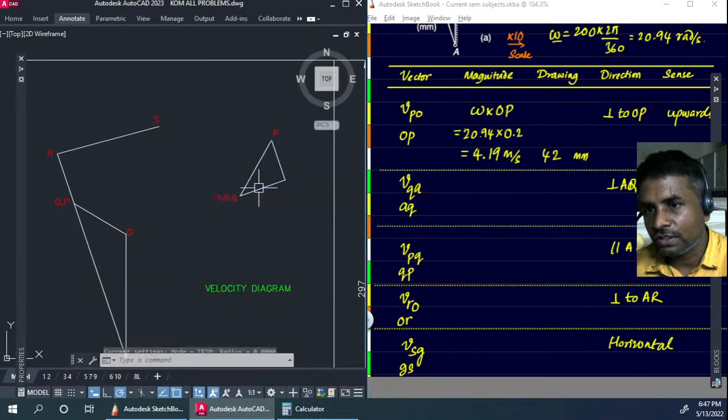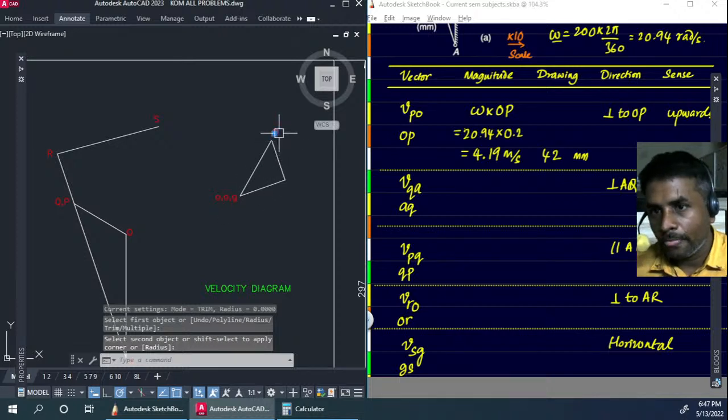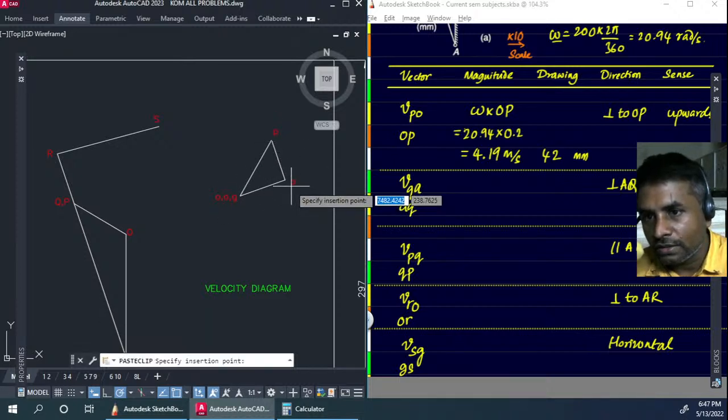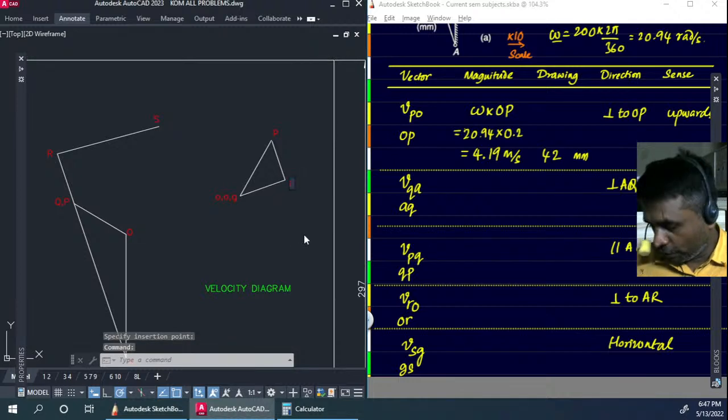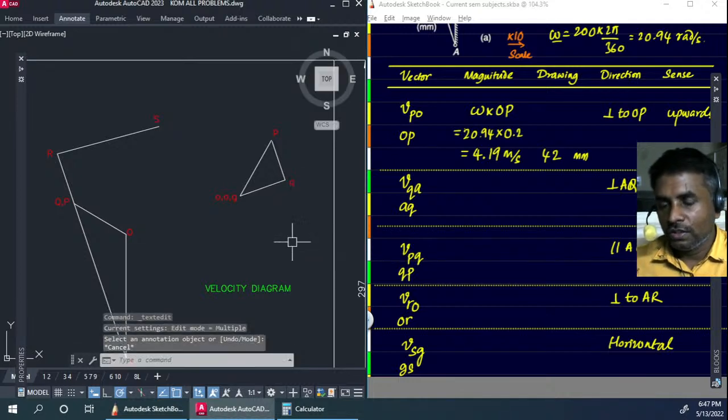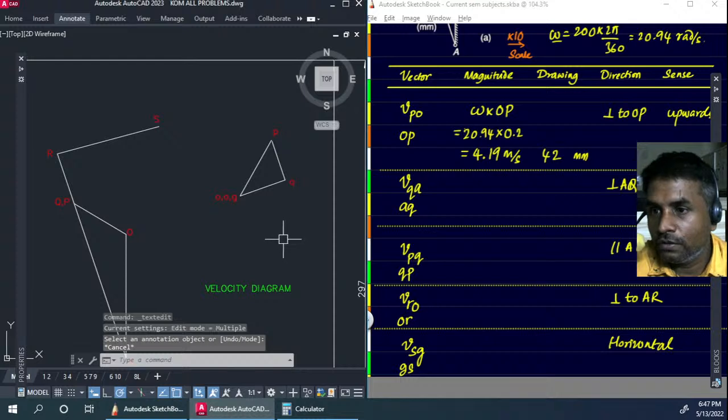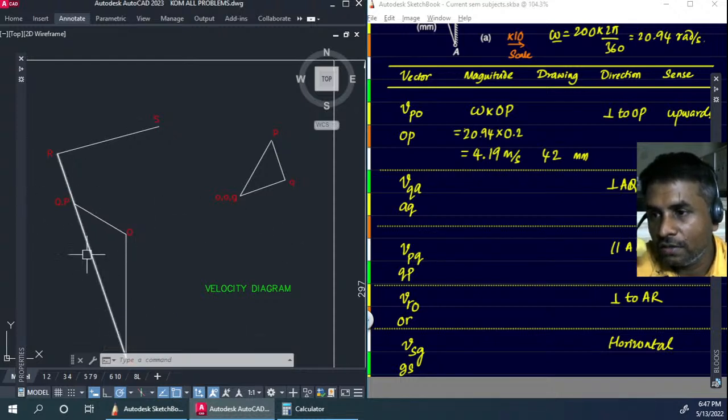Then we just need to shorten it up, and this point that we get here is the point Q. One thing I forgot to tell you at this point is that the point Q is located on this link, whereas the point P is located on the slider which is moving along with it.